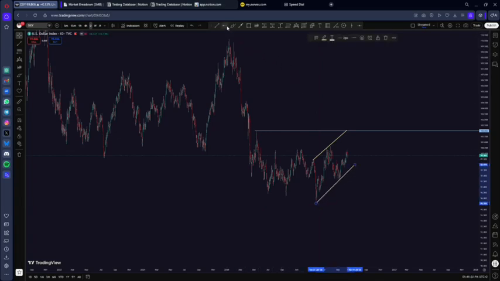And since the market has started creating this, I can now change my bias and say, right, I was looking for sales here, but now I have to change the way I was looking at the market. We're going to be looking for price to come back and take that area, break out, break back in, and I'm gonna be waiting for price to create something like this.